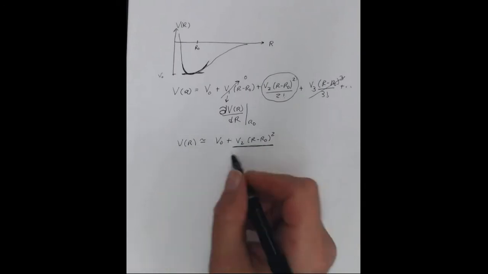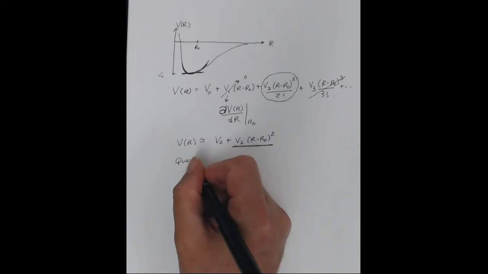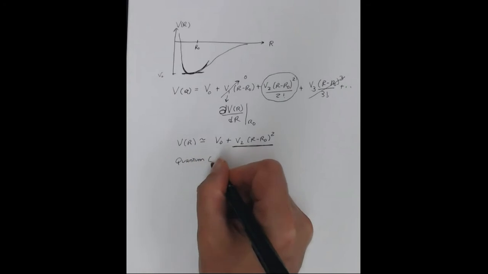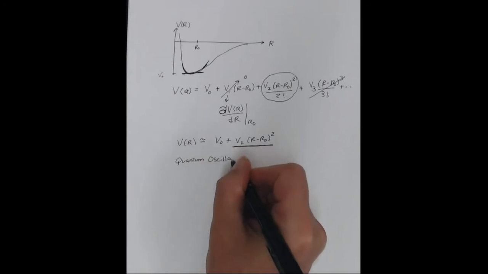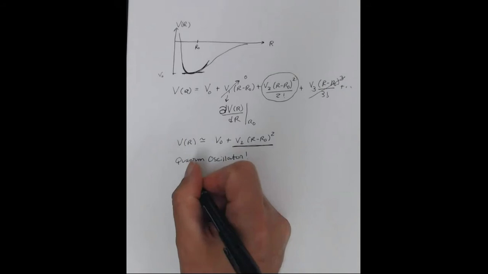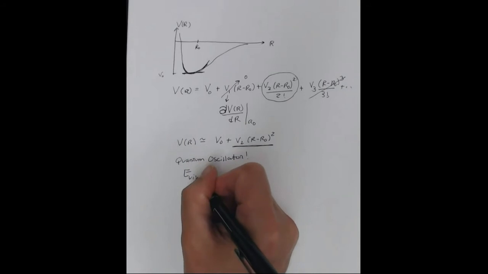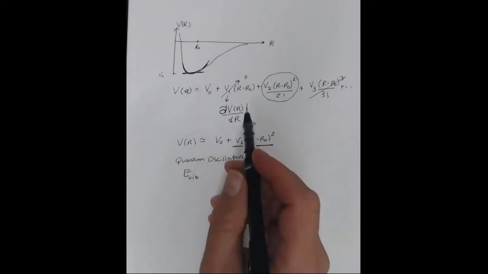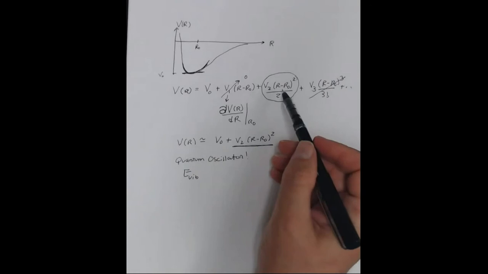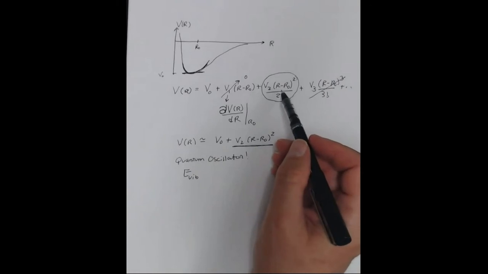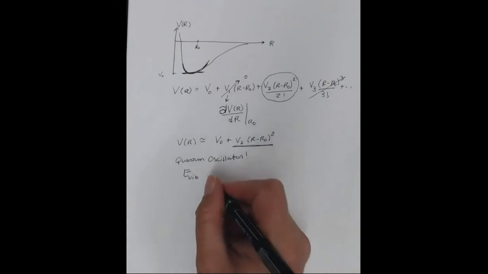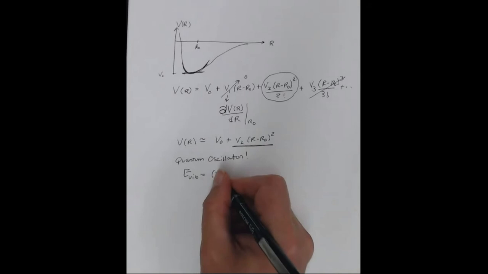We've done that, the quantum oscillator. So the energy, which now we'll say is the vibrational energy. Again, this is only good when we're close to the equilibrium point.